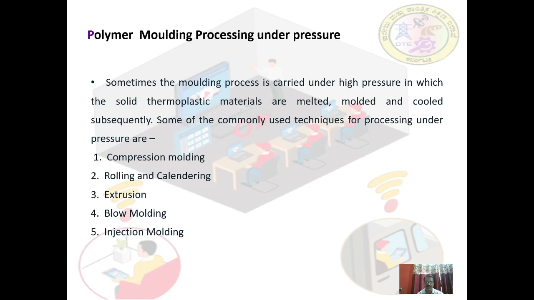First one is compression molding. This is used for the manufacture of thick-walled components that cannot be plasticized in extruders. Compression molding plays an important role in the processing of elastomers and thermosets.